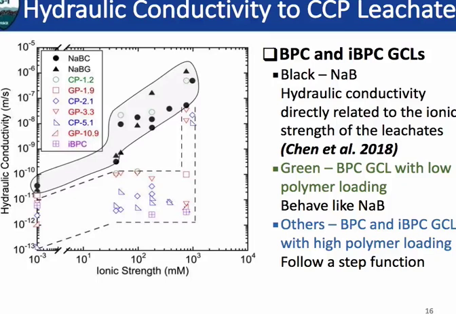However, when we plot the BPC and IBPC GCLs onto this figure, we can see that at a certain point, where the ionic strength is less than 755 millimolar, the hydraulic conductivity was all lower than 1 times 10 to minus 10 meter per second. And beyond that point, you can find a high hydraulic conductivity, which can be higher than 10 to minus 8. That follows a step function.